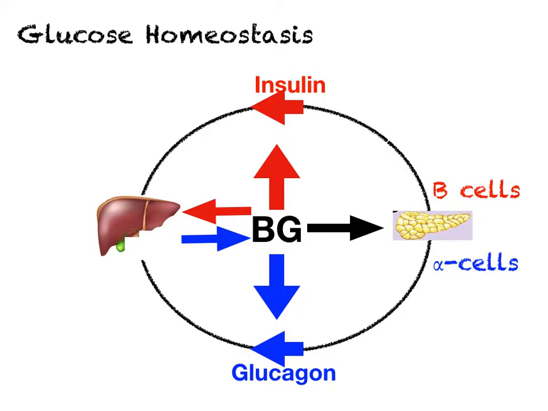Glucose homeostasis, as we said, is maintained by insulin from the beta cells of pancreatic islets and glucagon from the alpha cells, just neighbors of beta cells of pancreatic islets.